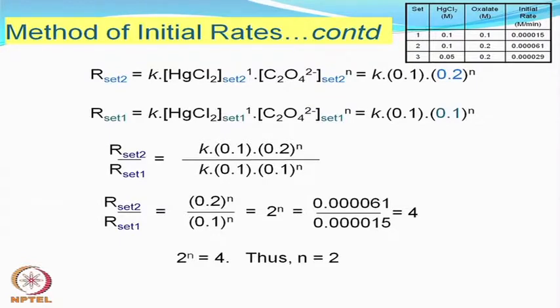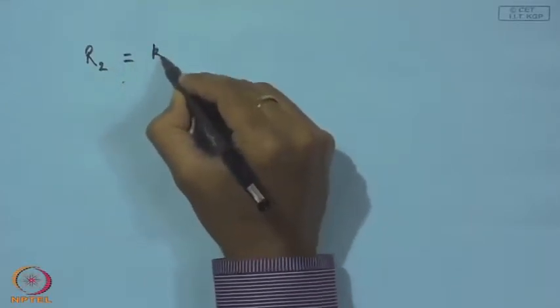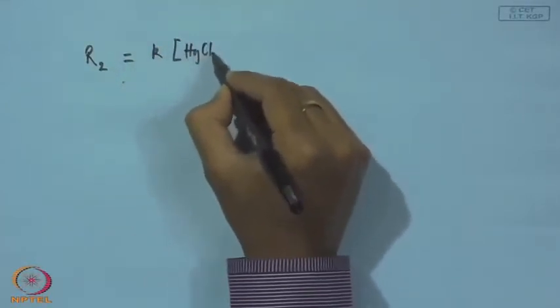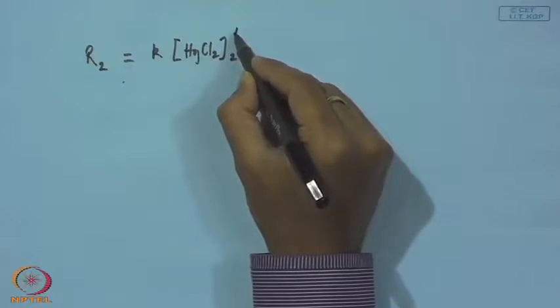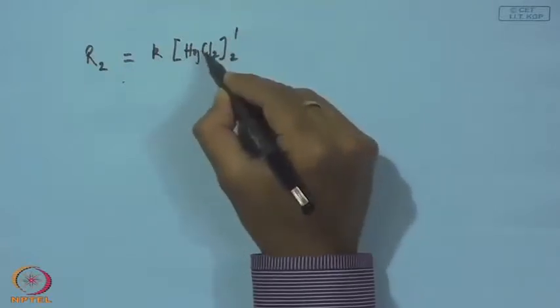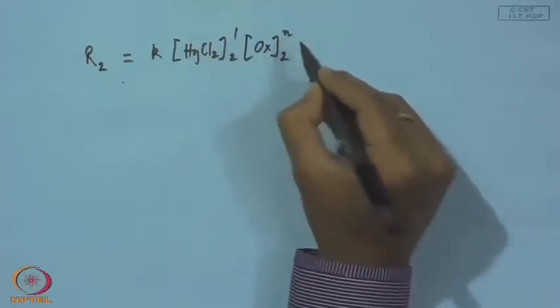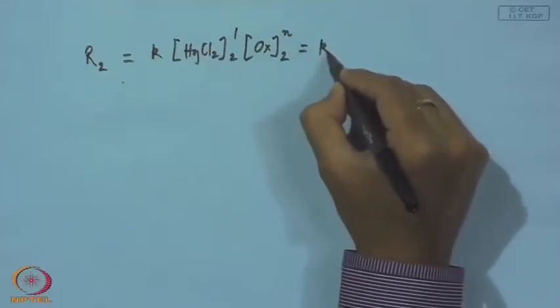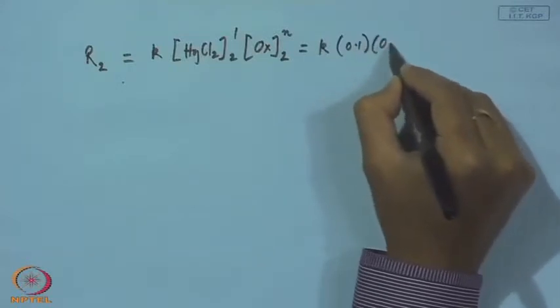Now we have to find the order with respect to the other reactant. In that case we use the other two sets. R2 is equal to K, [HgCl2] to the power 1, because we have already found that it is first order with respect to HgCl2, then oxalate 2 to the power n, which is equal to K into 0.1 into 0.2 to the power n.